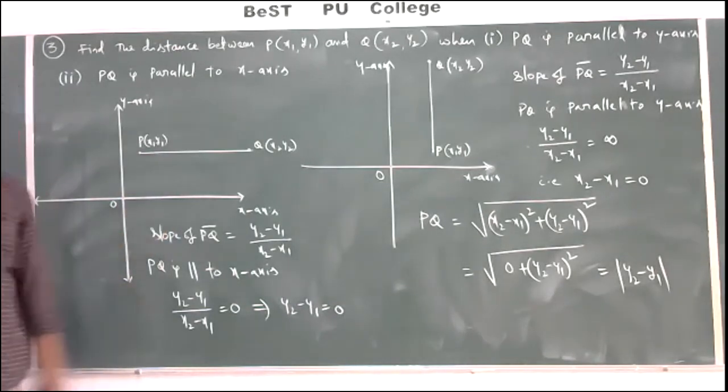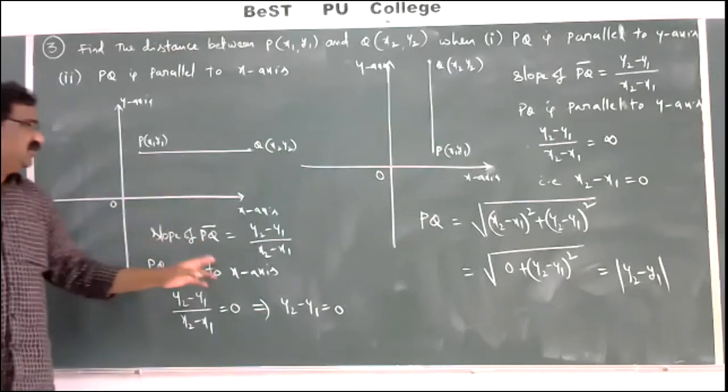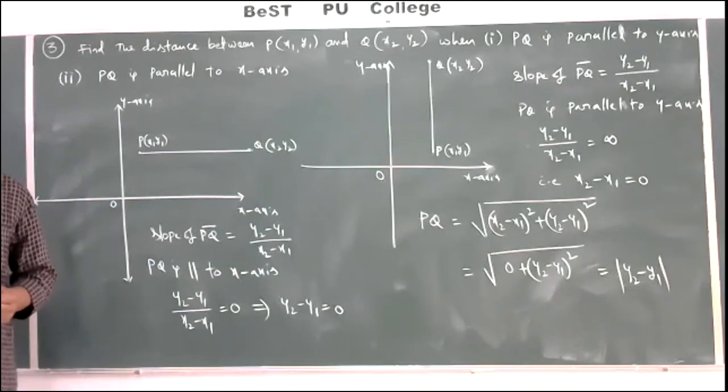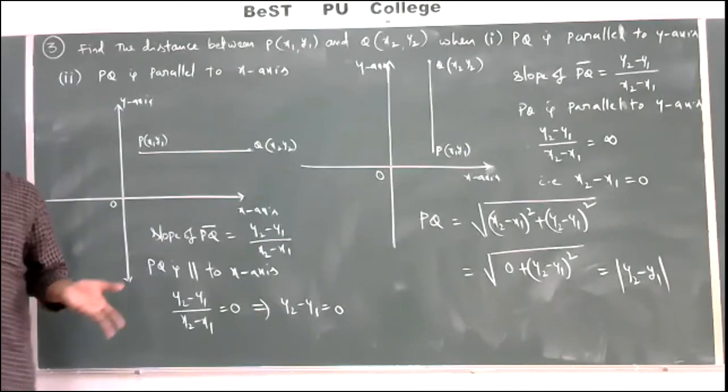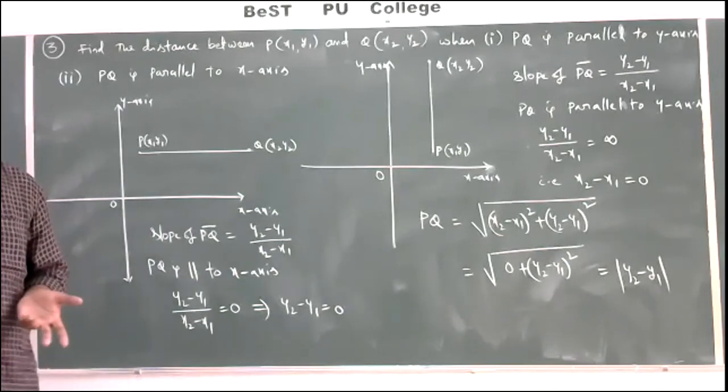Observe this figure. P is (x1, y1) and Q is (x2, y2). The line segment PQ is parallel to the x-axis. So slope of PQ is y2 minus y1 by x2 minus x1. Given PQ is parallel to the x-axis, and if two lines are parallel, their slopes are equal, as we already proved.